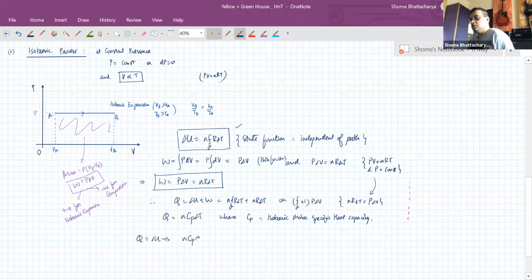So when you put together these two things, you get the formula for Cp.